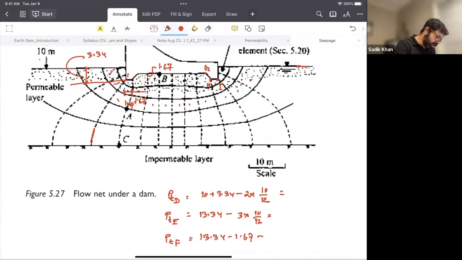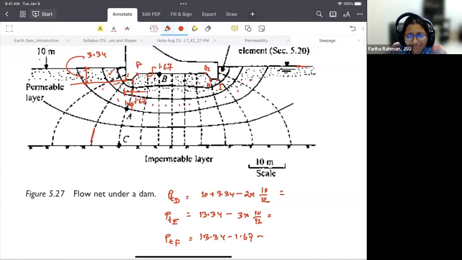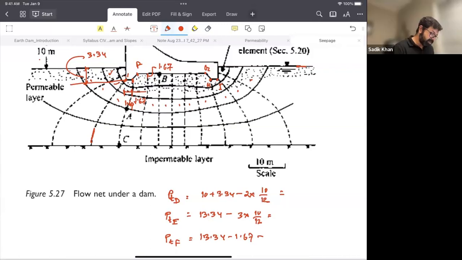Point F is here. 3 is here, 4 is here, so interpolate. Maybe 3.3, something like that. So minus 3.3 times 10 over 12, right?